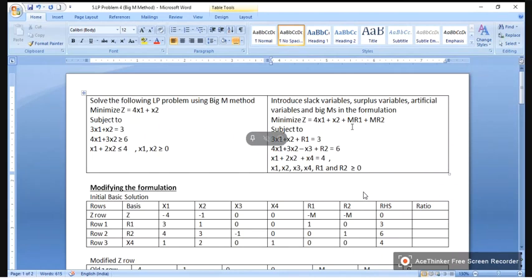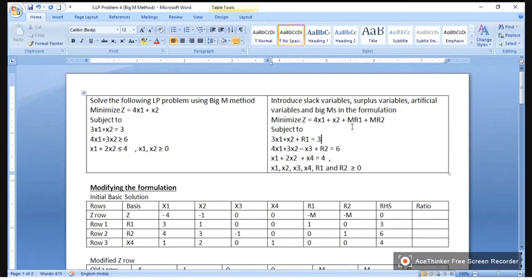In the problems that we solved so far, we had only less than or equal type and we added the slack variables. If we have equality type constraint or greater than or equal to type, we have to add the artificial variable. You can freely ask the doubts.